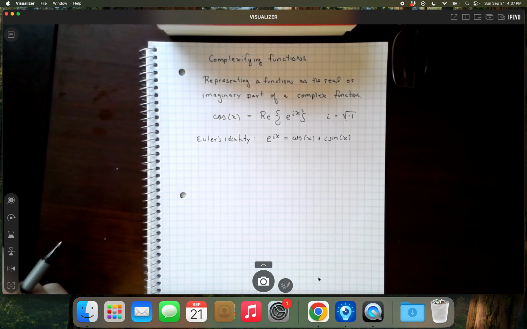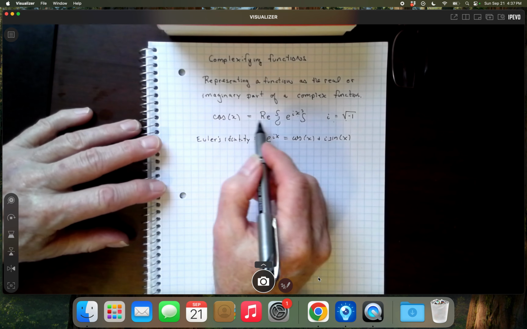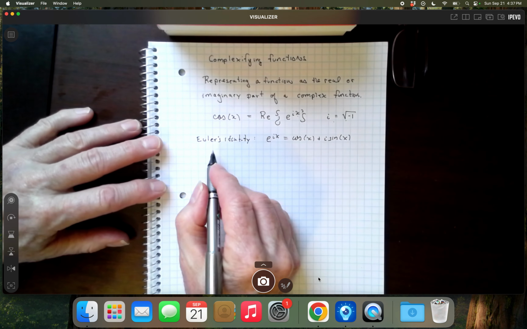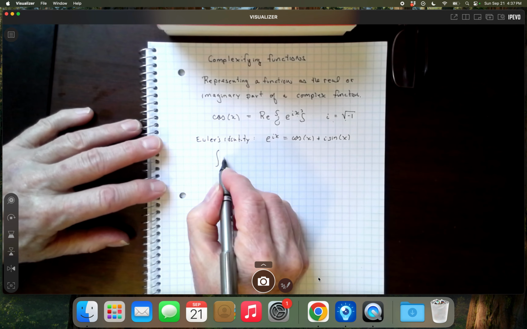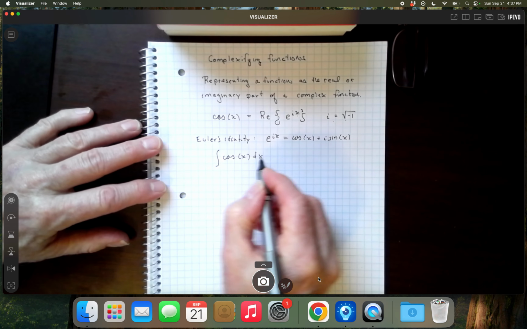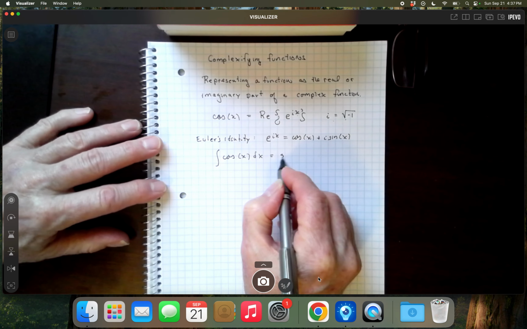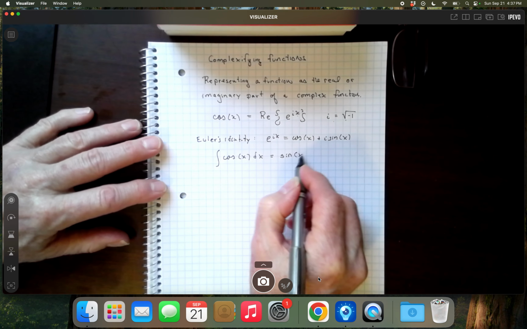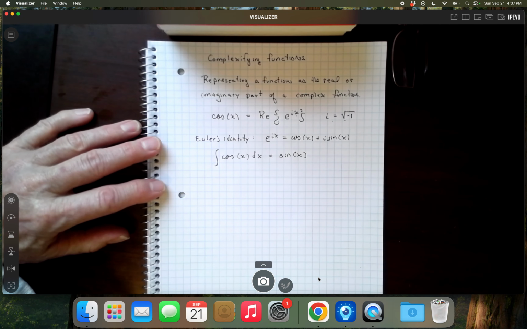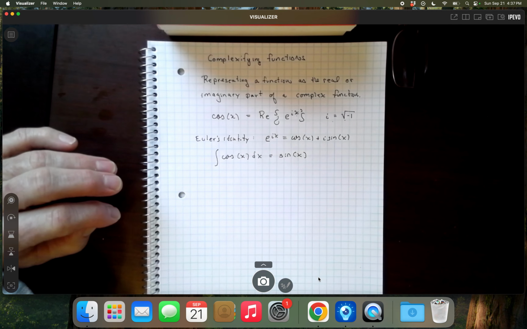Now, to give you an example of how we use this, say we want to integrate the cosine of x. The integral of the cosine of x dx, well, we know that's the sine of x. And there's no need to complexify this function to do this example, as it's easy to integrate cosine.